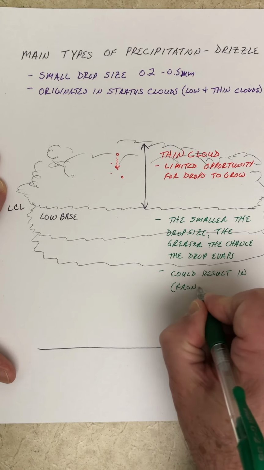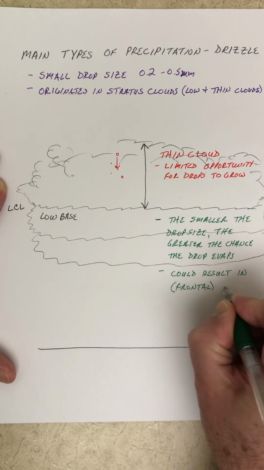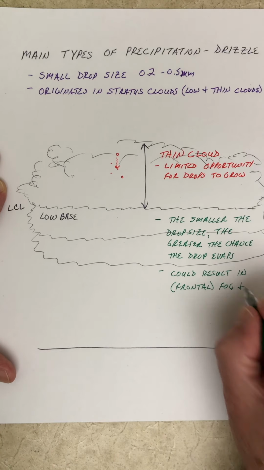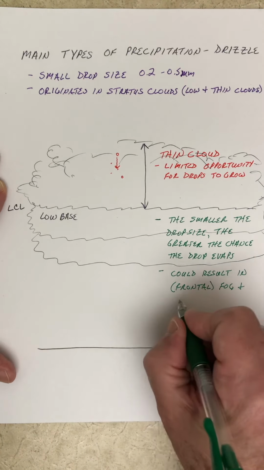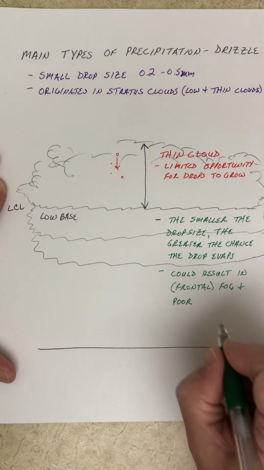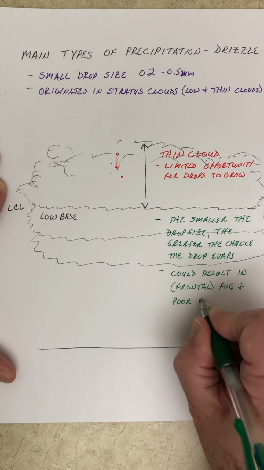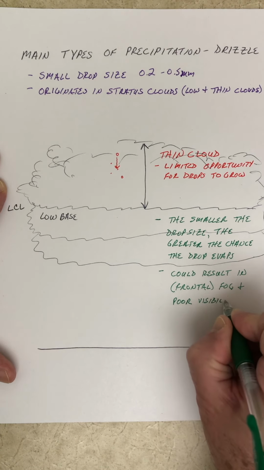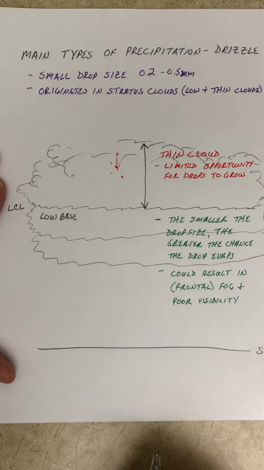And so this is most likely going to be a frontal fog. And if that fog develops, we can get poor visibility. Certainly wouldn't be anything like an advection fog, but still, these frontal fogs can lead to poor visibility. And so that's something you'd have to watch out for.